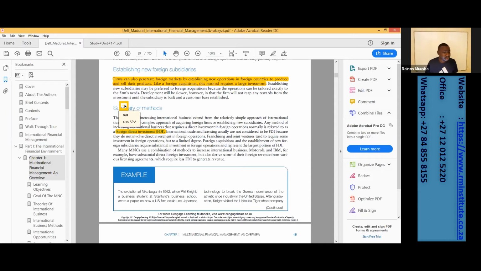for example, when they know that they are being owed a certain amount of money by customers in another country, but they want to access the money sooner than when the customers pay. So they can create a special purpose vehicle, established in the foreign country, whose assets are the amounts owed by the debtors.